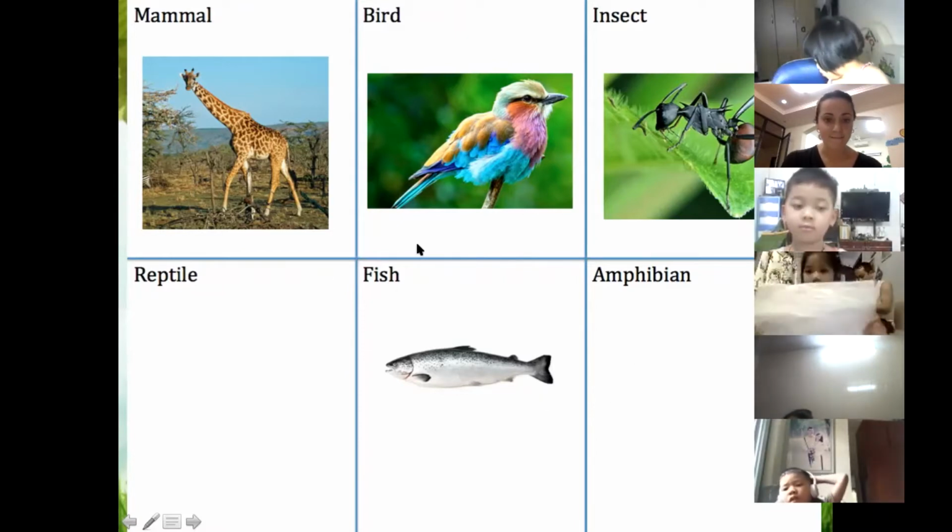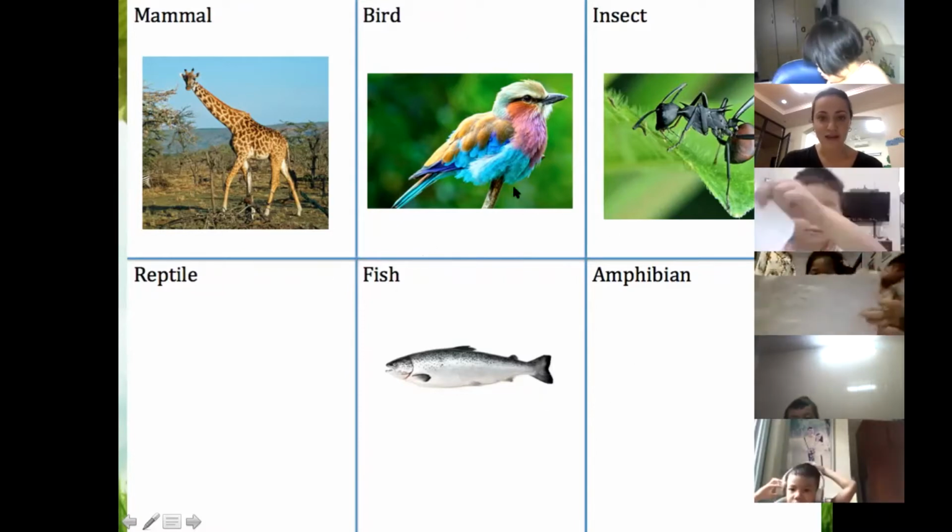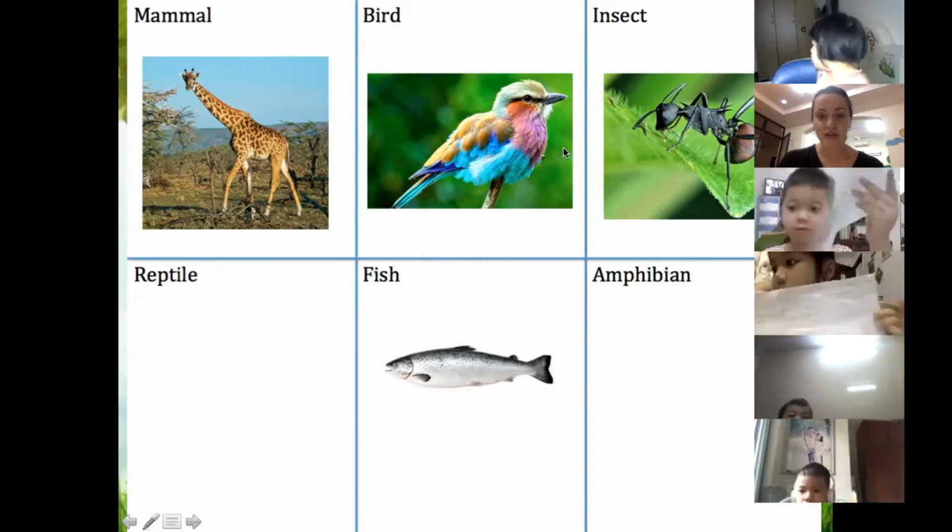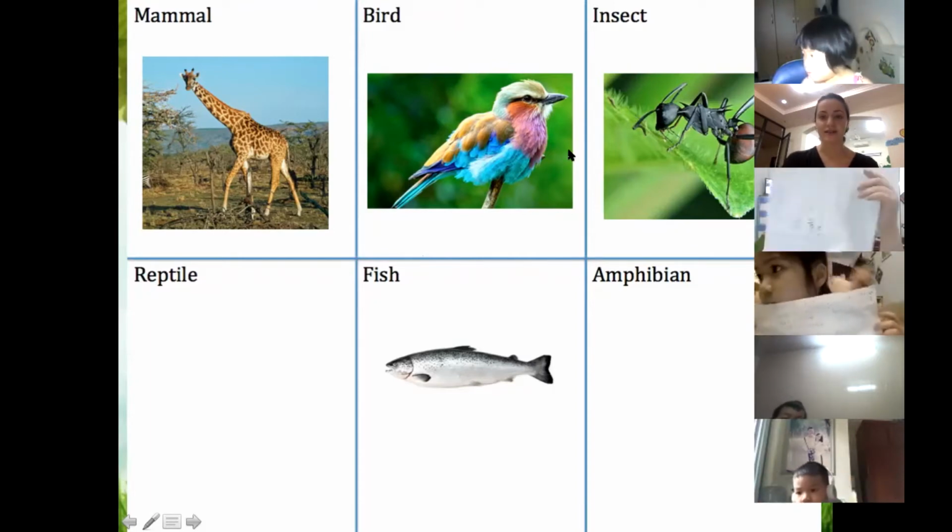I see quite a few being held up. George, why don't you share yours? Insects have 3 body parts. Insects have 6 legs and 2 antennas. Very good.